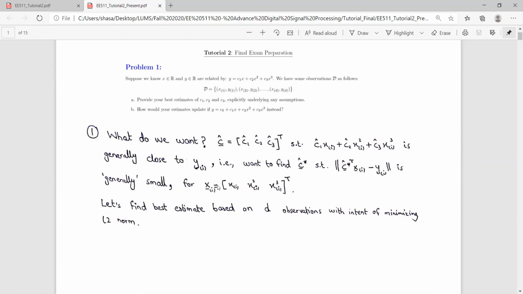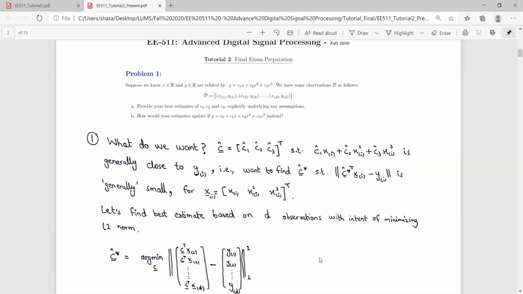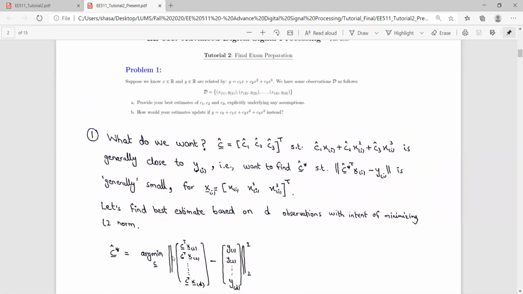So what would this best estimate entail based on these observations? Typically, perhaps also in the exam question, you will be explicitly asked to minimize the L2 norm or L1 norm. Here we can just keep it as an L1 norm, and what this results in is that our expression for the coefficient vector turns into something like this.